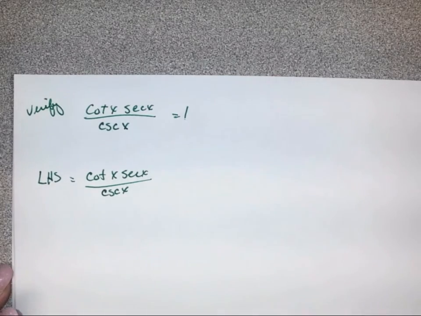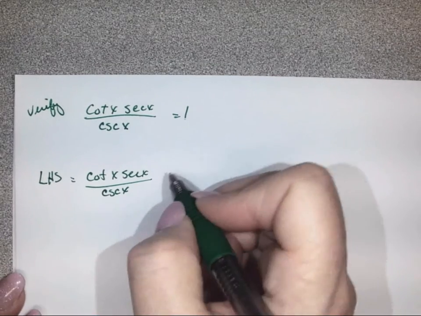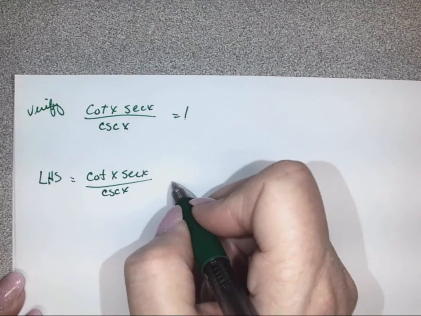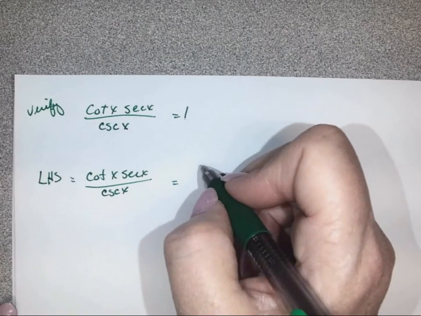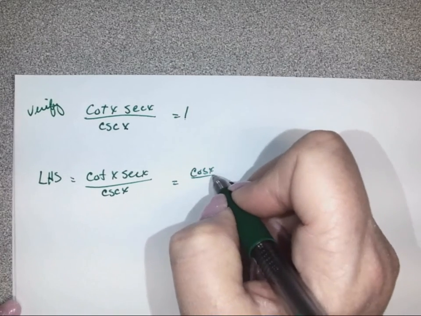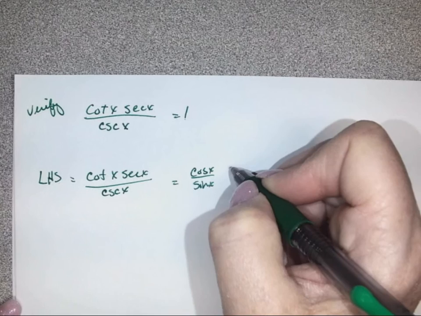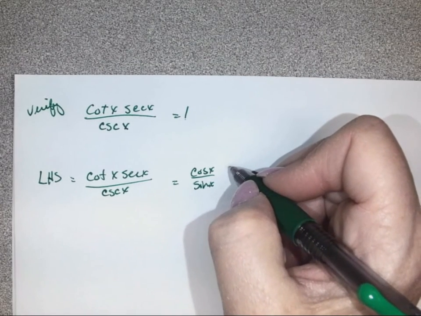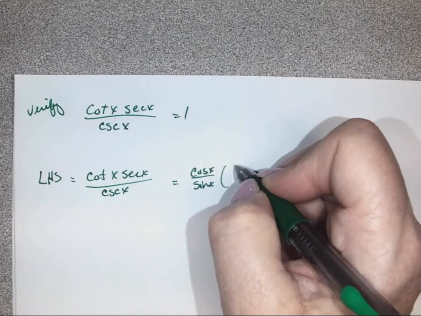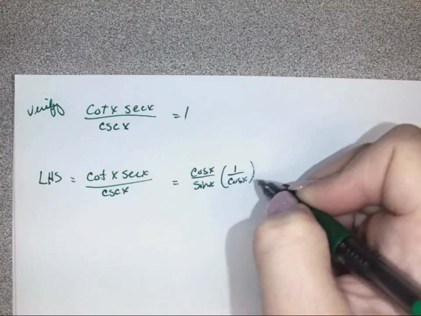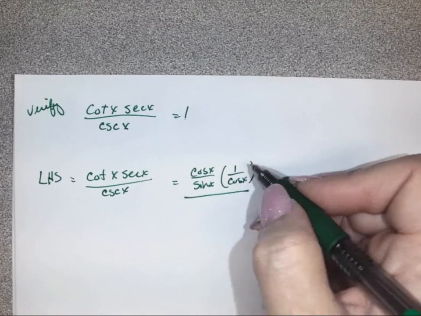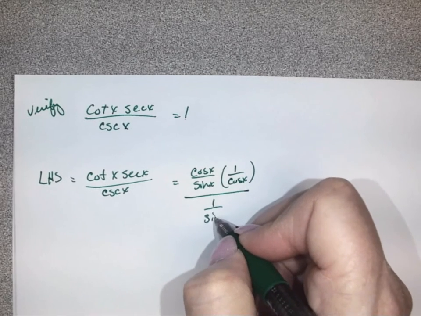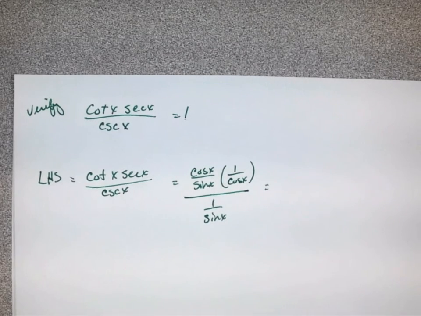First thing we're going to do is write everything in terms of sine and cosine. So cotangent will be cosine over sine, and then secant is 1 over cosine, and on the bottom, cosecant is going to be 1 over sine. So the first thing you want to do is simplify what you can.